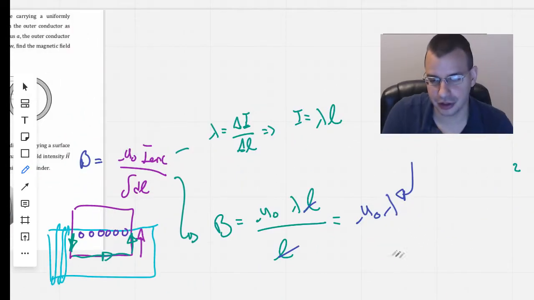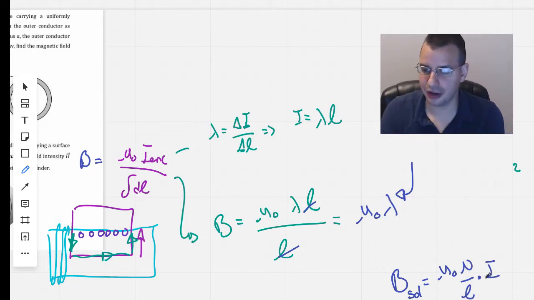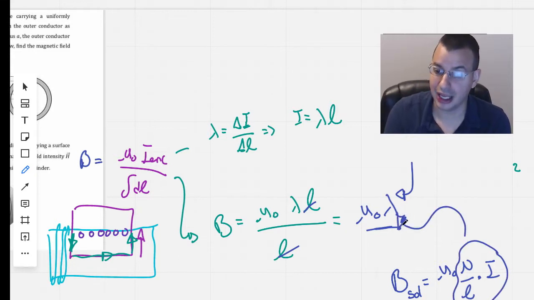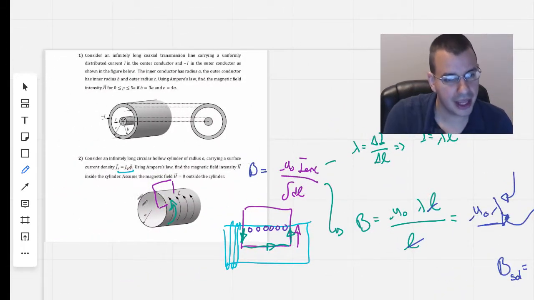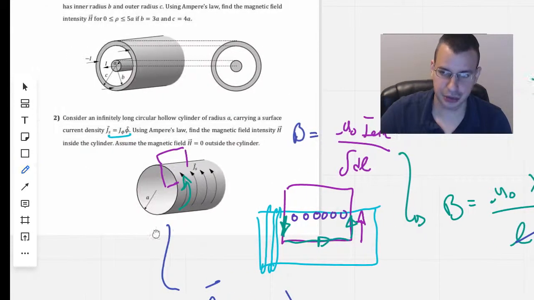And usually when you see for a solenoid, the magnetic field due to a solenoid is usually mu naught, I think, N over L times I. So this N over L times I is basically what this all-encompassed, this right here is the same as our lambda. So long story short, the answer to this then will be magnetic field on the interior will be mu naught lambda. And you probably want to have a direction with that.